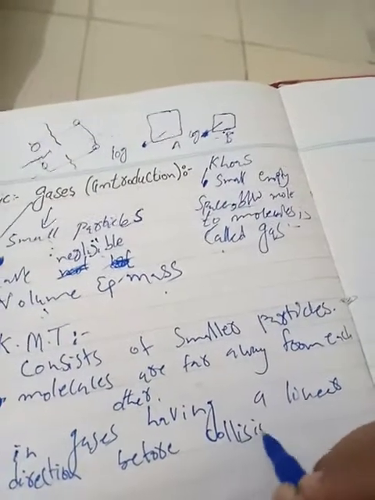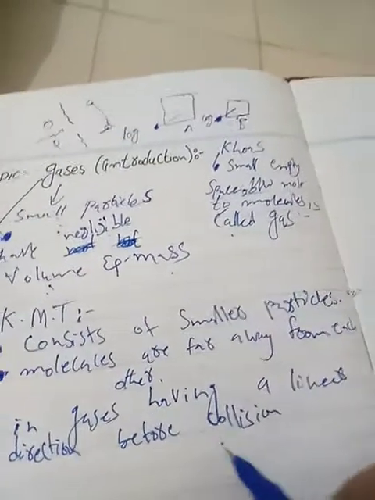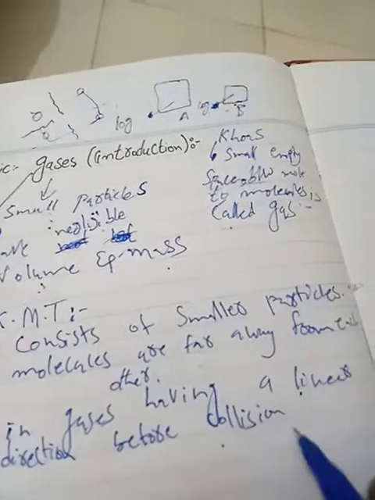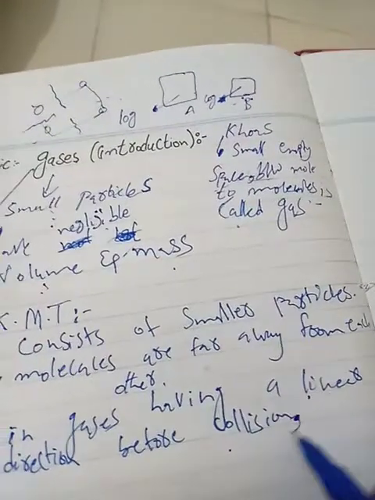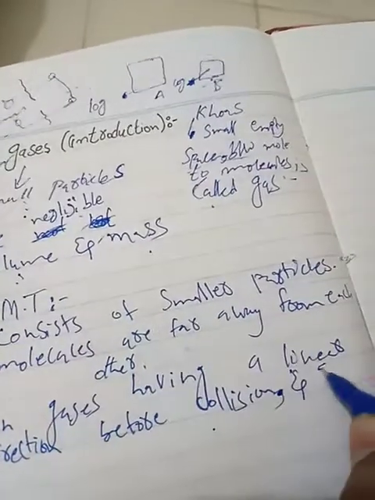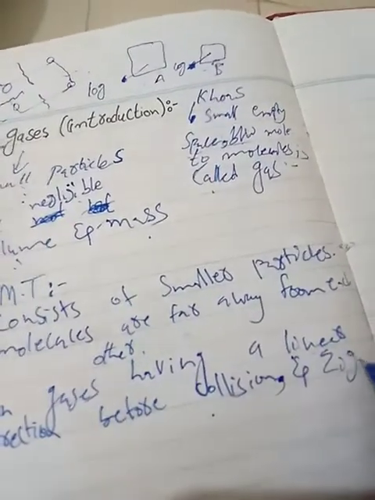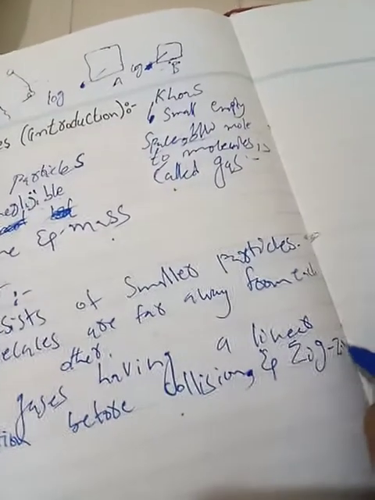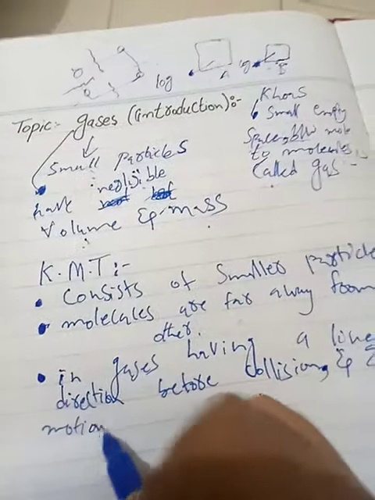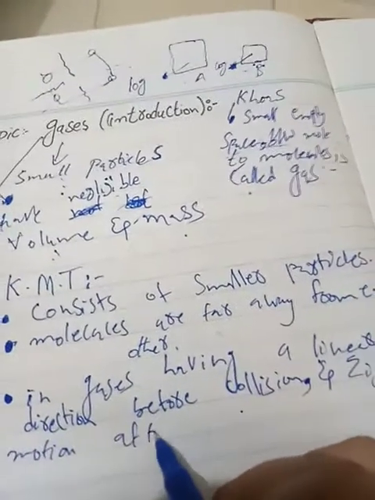If the examiner asks what the motion of gases is before collision, you have to answer linear motion or linear direction. And what is the motion after the collision? Zigzag motion after the collision.